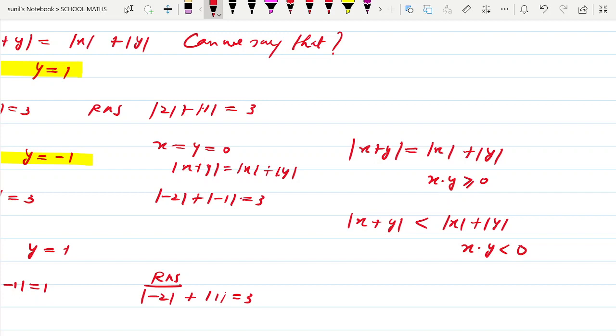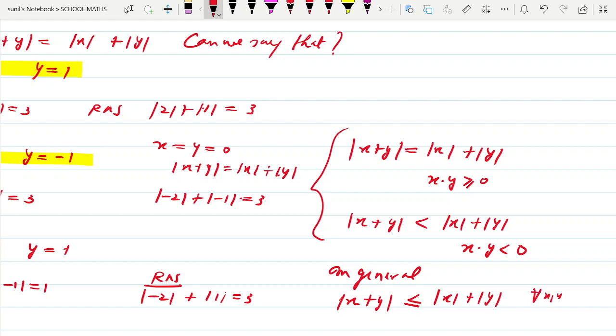So in general, if I club these two things, can we say that mod of x plus y is less than or equal to mod x plus mod y for all x and y belonging to the real numbers? Certainly we can say that.